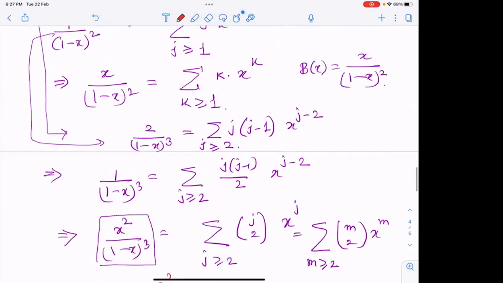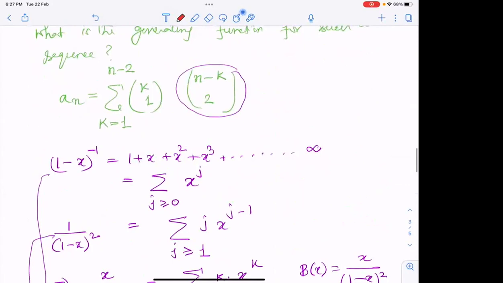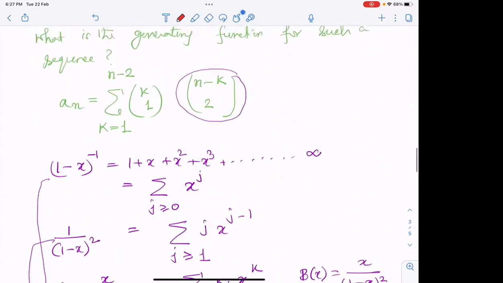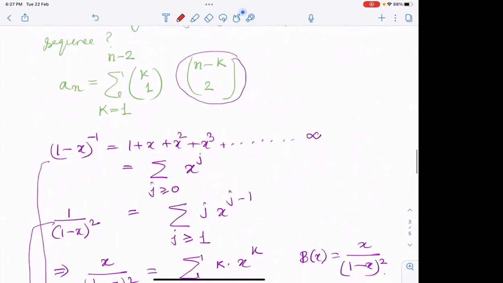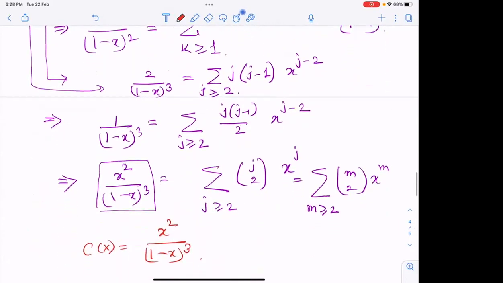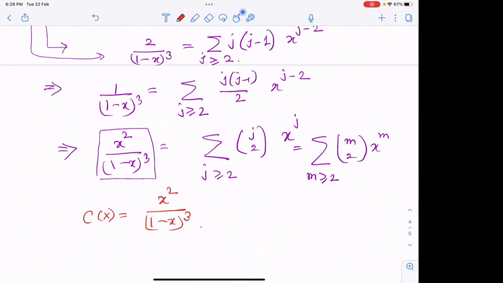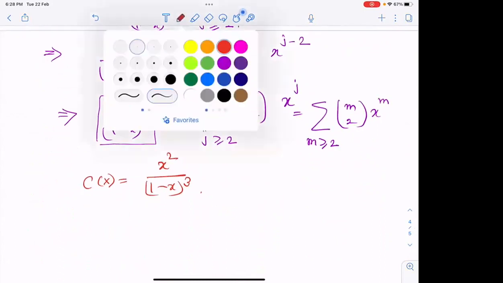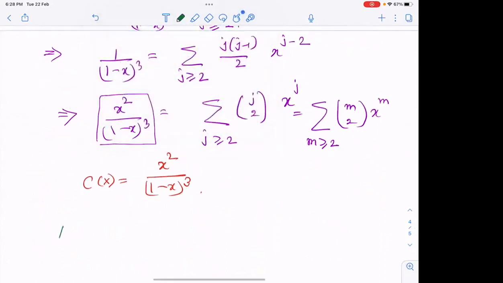Right? Now notice that my a_n has the kth term coming from b(x), and this n minus k choose 2 is coming from c(x). So the generating function that I am looking for, I guess you can guess it now, a(x) has this compact form b(x) times c(x).